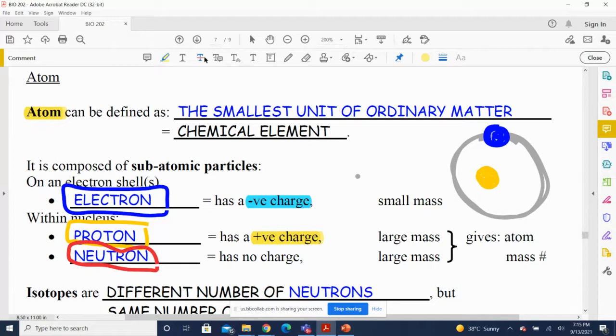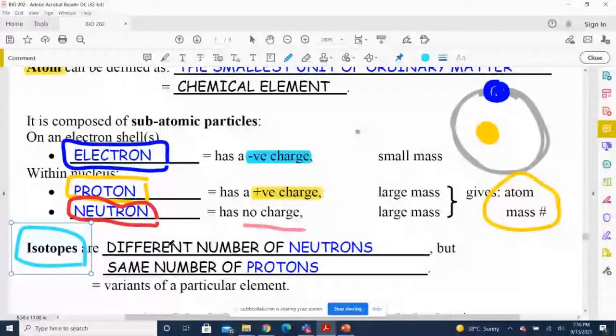When we have a different number of neutrons for the same element, but they have the same number of protons, we have different isotopes of that particular element. And isotopes were especially important when we talked about the radioactive isotopes and radioactivity in general.